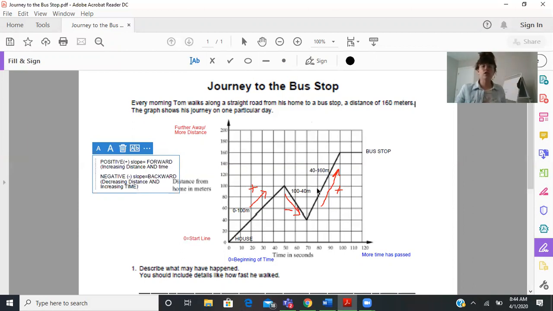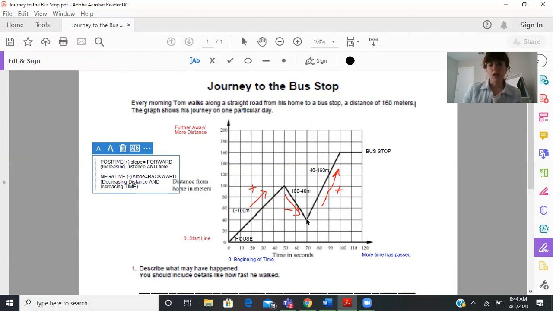So one story we could write to follow this graph is that Tom started at his house, walked 100 meters, realized he dropped his wallet at 40 meters, so he walked back to get it.